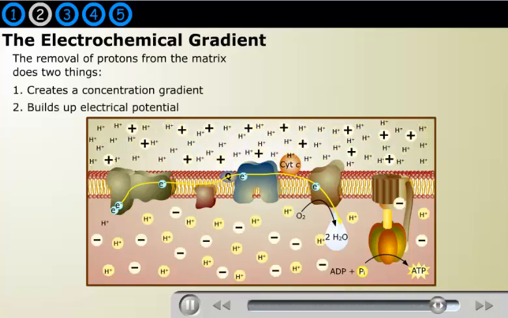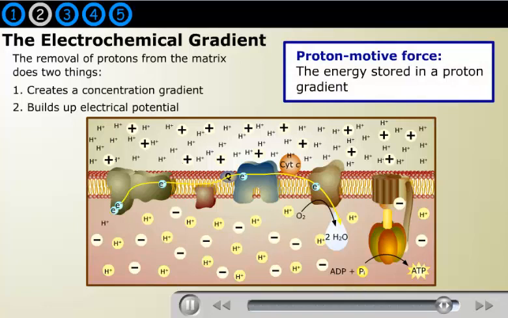It also builds up an electrical potential because a positive charge is removed every time a proton is transferred out of the matrix. The combination of proton concentration and electrical gradients, called an electrochemical gradient, creates the proton motive force. The proton motive force is the energy stored in a proton gradient. When this energy is released, ATP is synthesized.